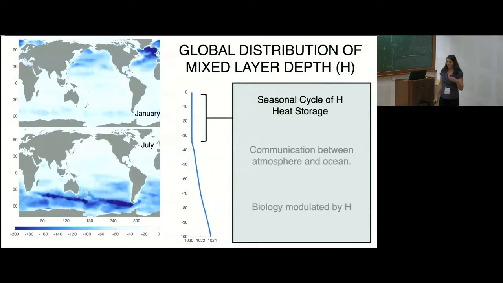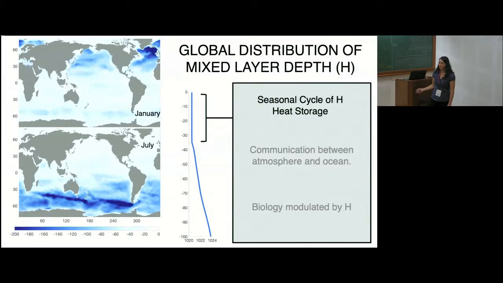So because the mixed layer is forced at the surface with surface forcing and winds, it can tend to vary in both space and time. And this is a plot of mixed layer depths from ocean climatology, the MIMOC climatology, taken in 2 different months for January and July. And you can see both the seasonality. Here we have really deep mixed layers and not very deep mixed layers, deep mixed layers.